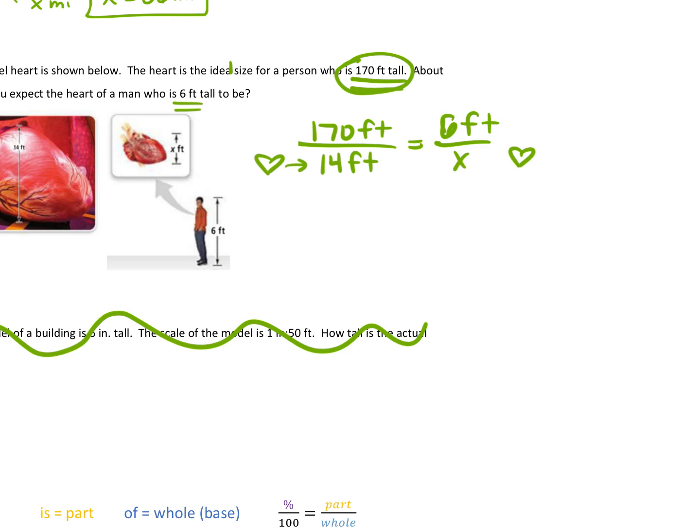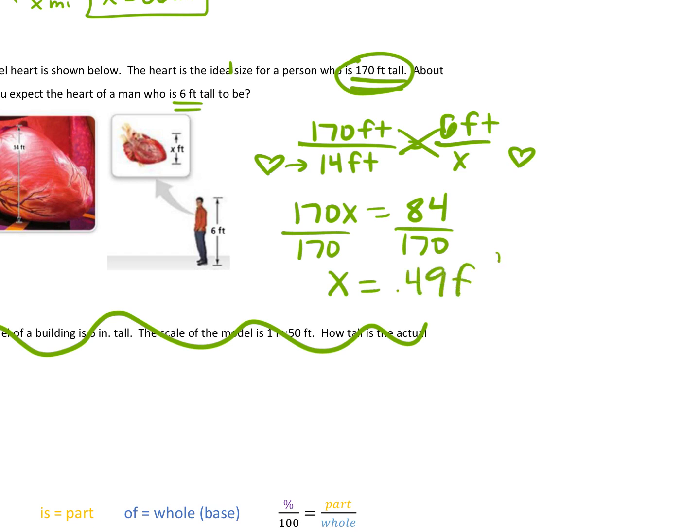So you cross multiply: 170x equals 14 times 6, which is 84, and then you divide, and you get x equals 0.49 feet. Now, can someone tell me a nice way to represent 0.49 feet?